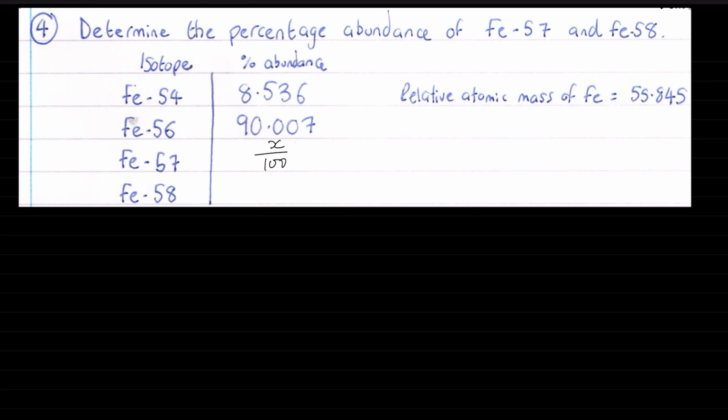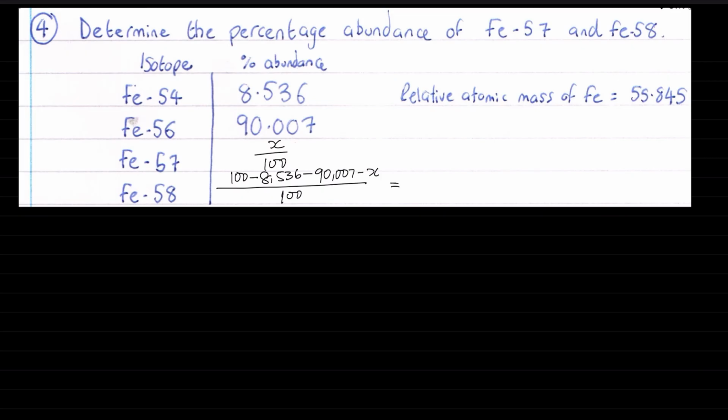Now, Fe58 is not going to be 100 minus x. Remember, like we've done the one before, you have to subtract these percentages as well. So Fe58 is going to be 100 minus 8.536 minus 90.007 minus x all over 100. We can then simplify.